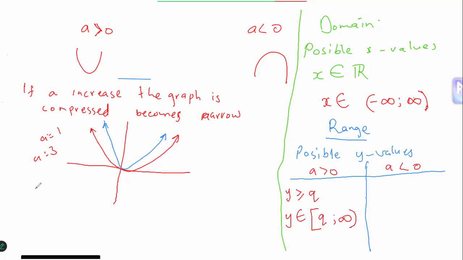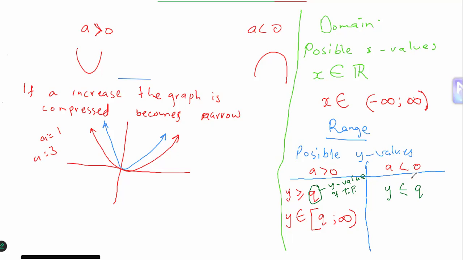And what is q? Let me write it again here. What did we say is q? We said this is the y value of the turning point. I just wrote TP there. Same thing, this q also is the y value of the turning point. But now, when a is less than 0, it means our y is less than or equal to q.